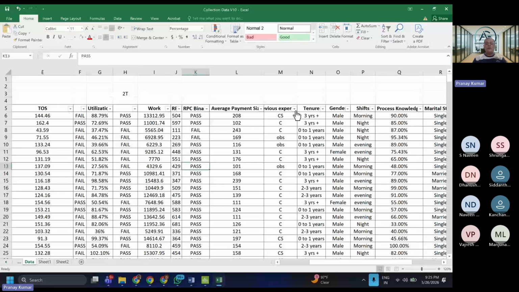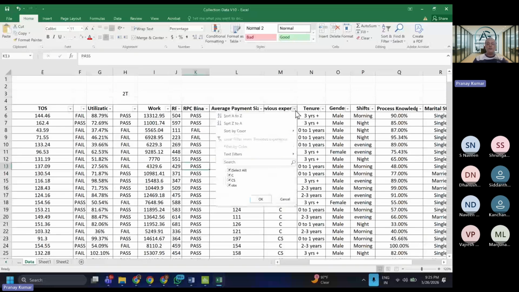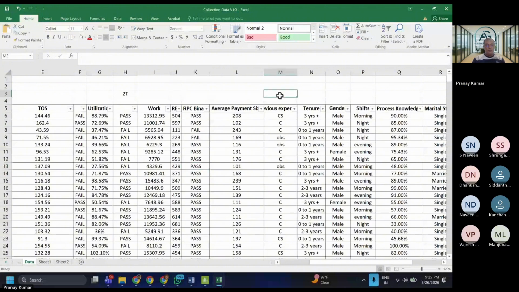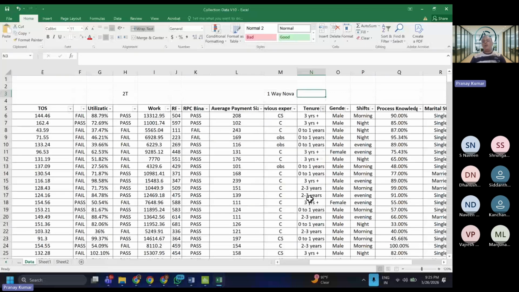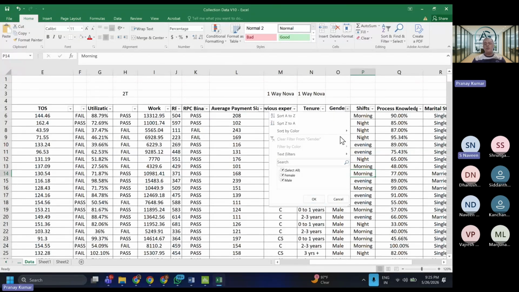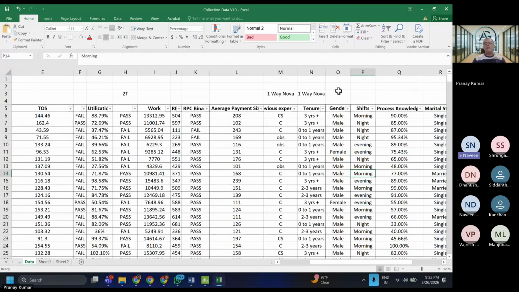I have previous experience. Again, I'm checking three subgroups. Three subgroups means one way ANOVA. Everyone with me? Again, greater than two subgroups, one way ANOVA. Gender, two subgroups, two sample t test. Shift, how many subgroups?